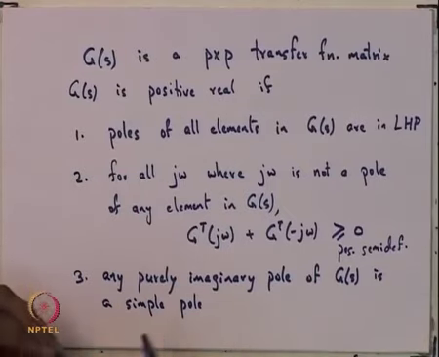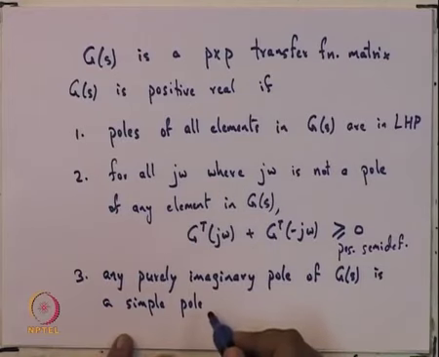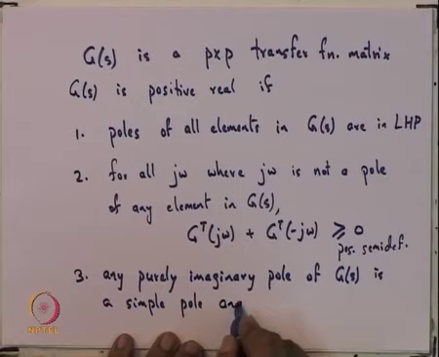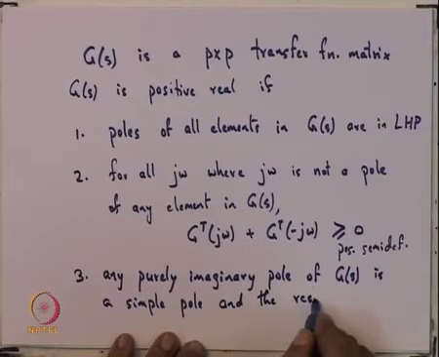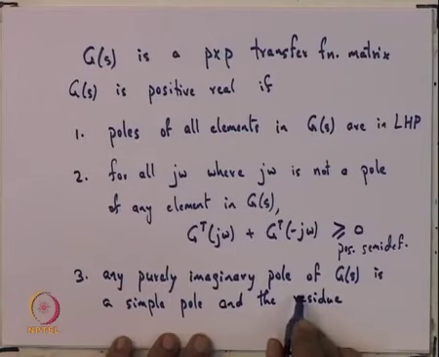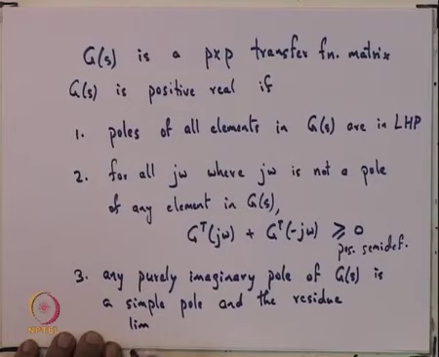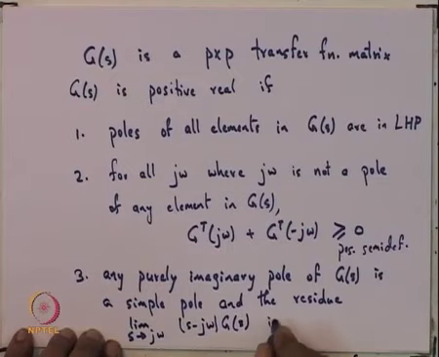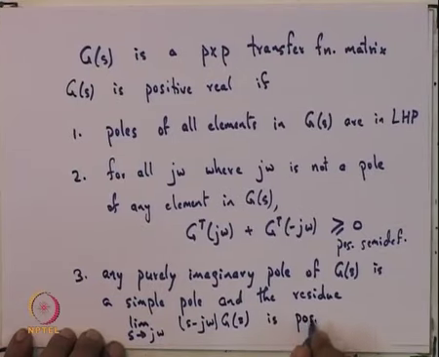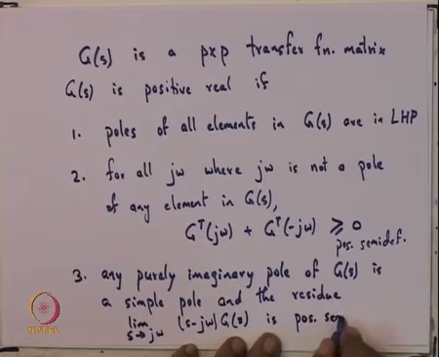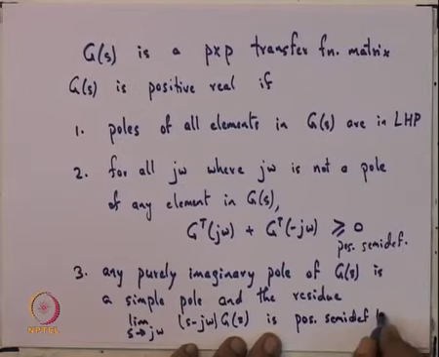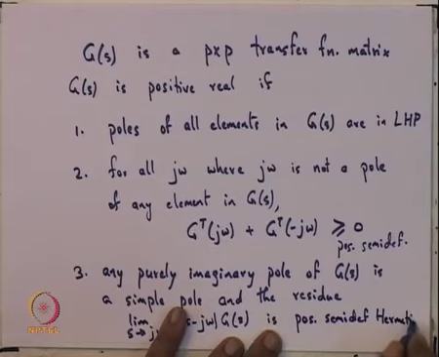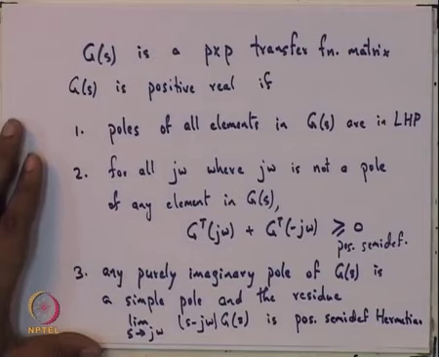That means it does not have multiplicity greater than 1, and the residue, the way you obtain the residue is limit as s tends to j omega of (s minus j omega) times G of s, is a positive semi-definite Hermitian matrix. Okay.